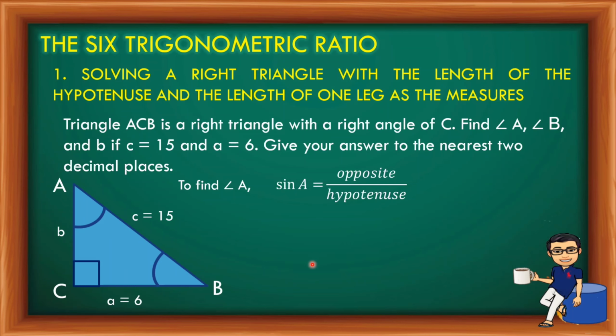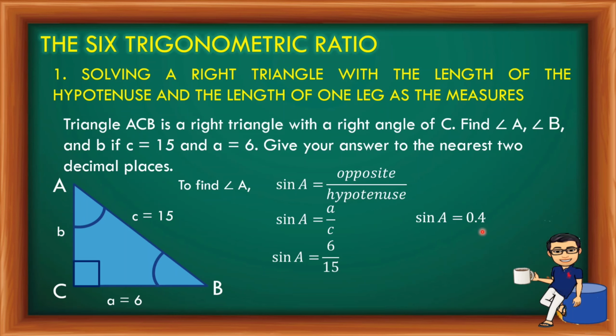Then afterwards, next thing to do, palitan muna natin what represents opposite is a and what represents hypotenuse is c. Then isa-substitute na natin yung value ni a at value ni c. So si a ay 6 at si c ay 15. Then you are going to divide 6 divided by 15 and that is equal to 0.4. Again, sine A is equal to 0.4.